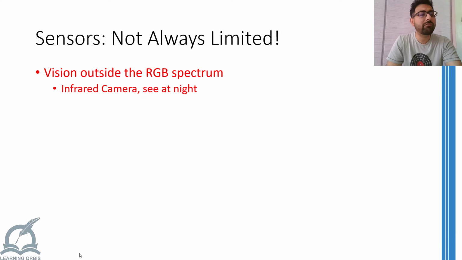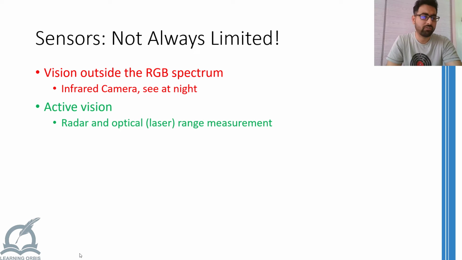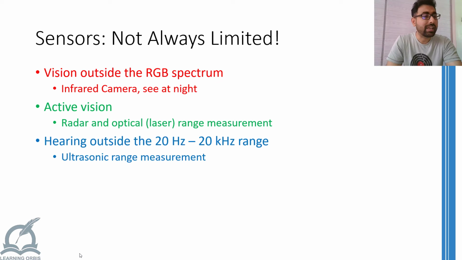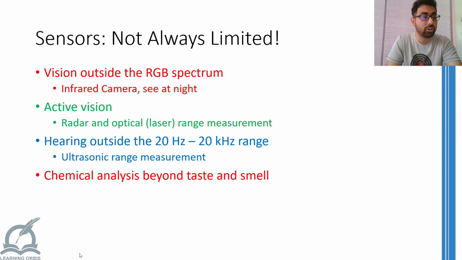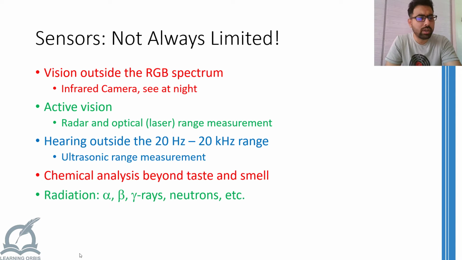However, humans have developed vision sensors that can see beyond the visible spectrum, that is, infrared, X-rays, gamma rays, and some other quantities as well. Moreover, ultrasonic sensors can hear sounds way above 20 kHz. Chemical sensors can detect taste and smell beyond what humans can sense. And if we talk about radiation, humans are altogether unable to detect any, whereas we have devised sensors that can easily detect alpha, beta, and gamma radiation.